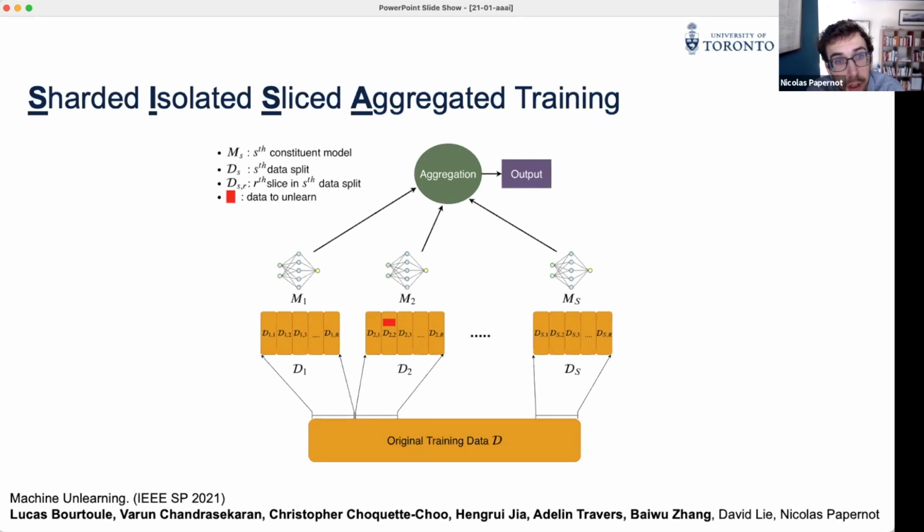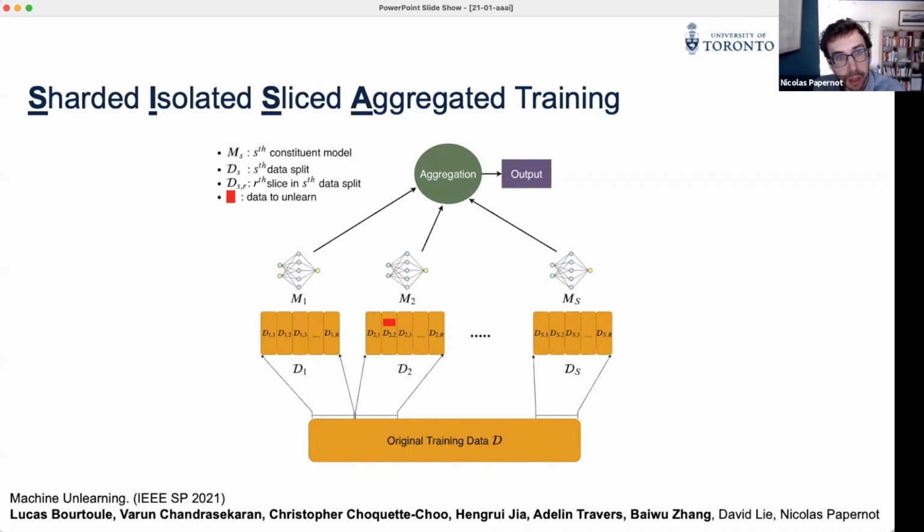This is similar to PATE, where rather than train one large model, we train multiple small models, and each of these small models is going to be faster to retrain, right? So once we have a point that we want to unlearn, it's only going to be contained in one of the shards. For instance, if the point is in the second shard, we only have to unlearn this second smaller model.